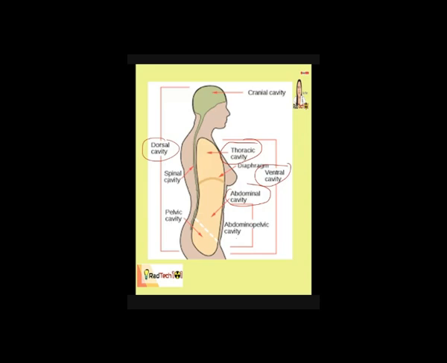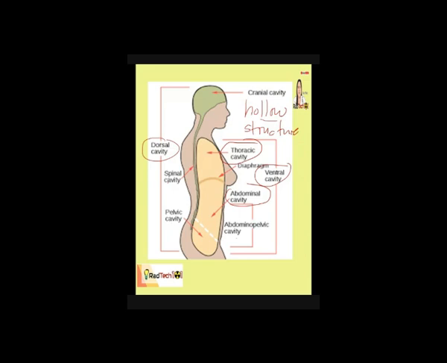So what do we mean when we say cavity? Cavity is a hollow structure. Dahil hollow siya, marami siyang laman. Iba't iba yung kanyang laman. Like sa abdomen, it contains the liver, the gallbladder.